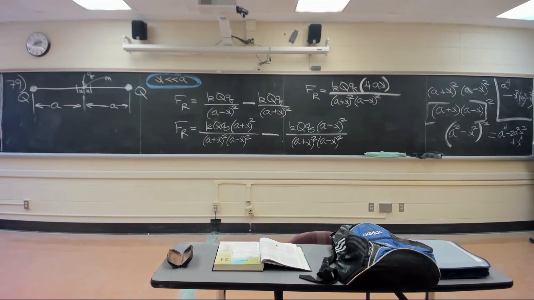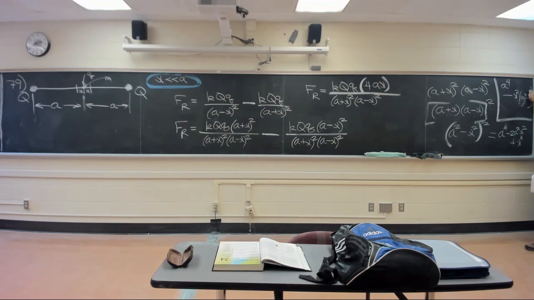You're talking about how much bigger one is than the other. There are a lot of ways we can look at it. How does this compare? 2a squared minus x squared is a particular number. It's actually smaller than 2a squared.